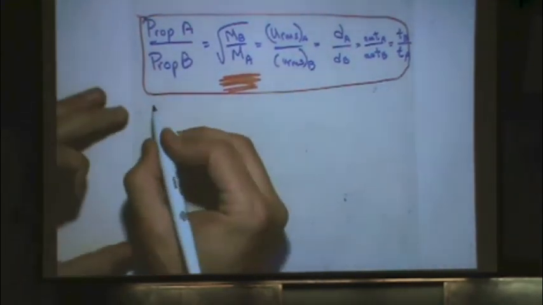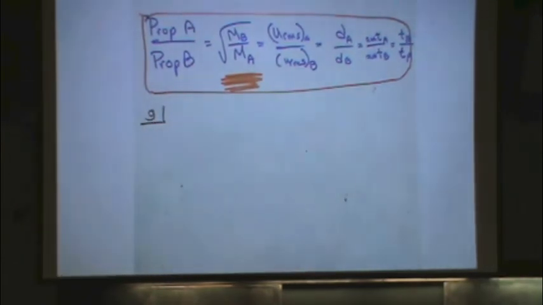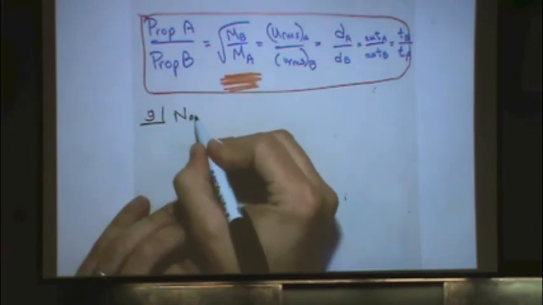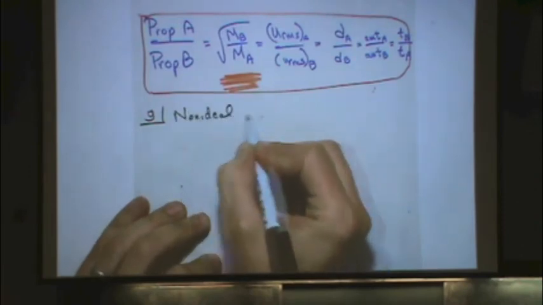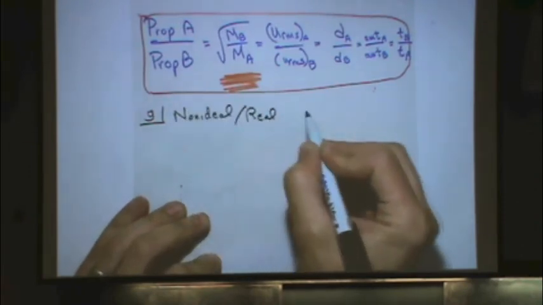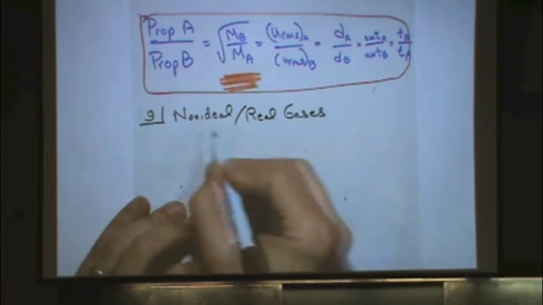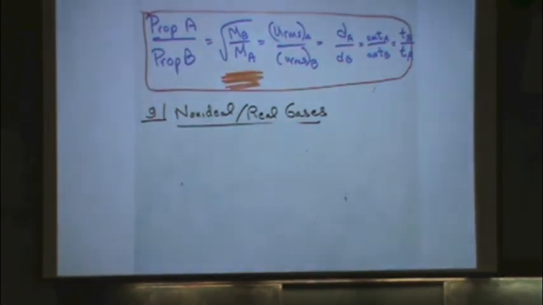We're going to section 9. Again, one last section before we do examples. Just like we derived something for ideal gases, there's also information for what are called real gases, which are gases that are not ideal.